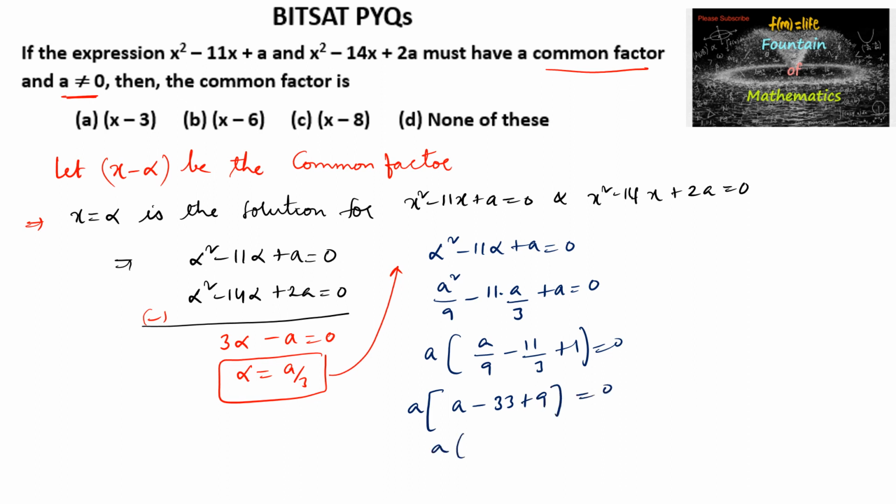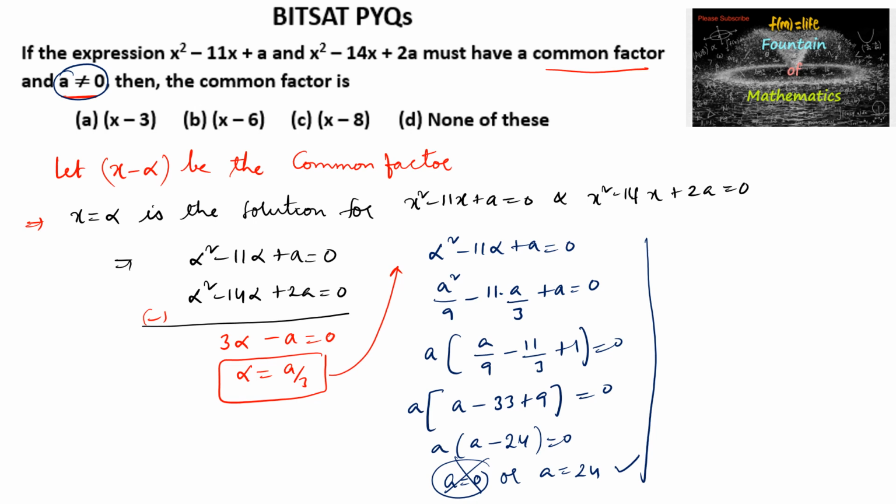So a into (a minus 33 plus 9), that is a minus 24. So we can say either a is equal to 0 or a is equal to 24. But it is given that a is not equal to 0, so this cannot be considered. So we may consider a is equal to 24.